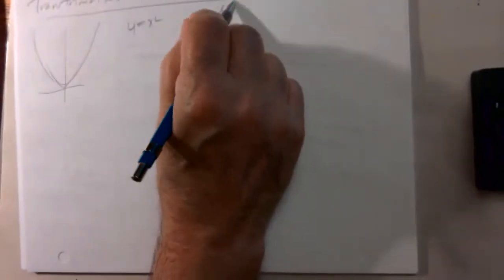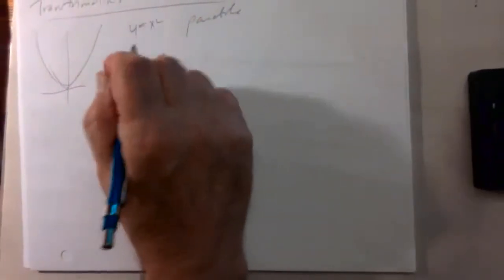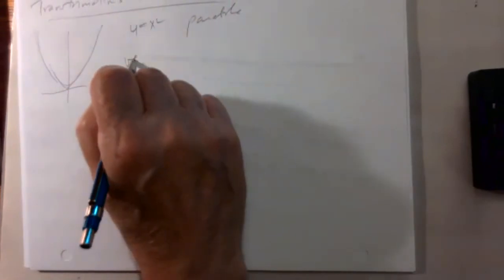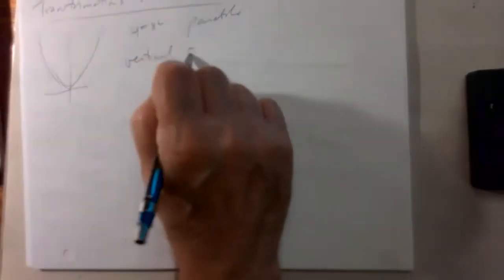So suppose we take a simple function, y equals x squared. That's the parabola you know and love. You can perform a vertical shift upwards or downwards.